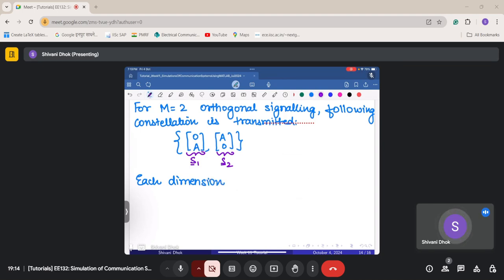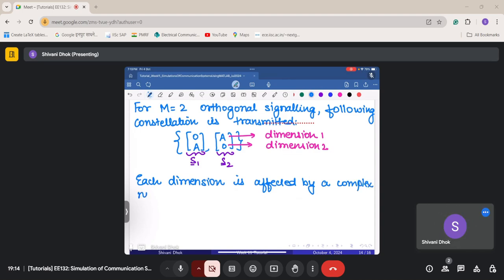This is my dimension 1 and dimension 2, is affected by a complex number Gi, where i belongs to 1 or 2 and i implies dimension.